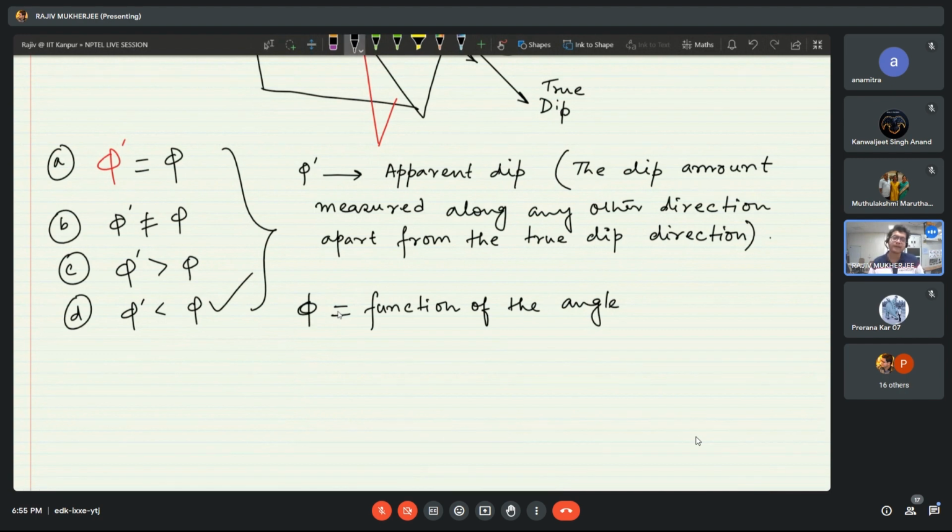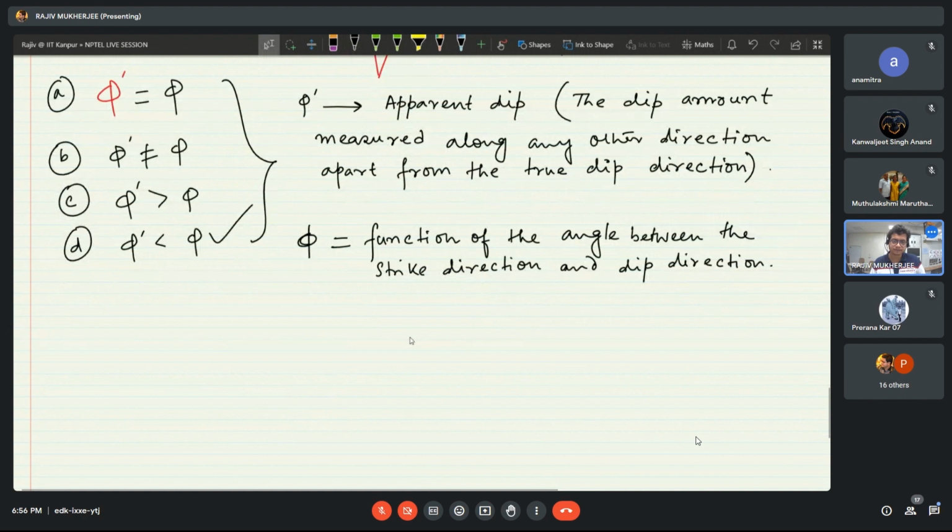Whether it is an apparent dip or true dip, anything can it be. So dip is actually a function of the angle between the strike direction and dip direction, right? So this function is a trigonometric function. Essentially it is a sine function.